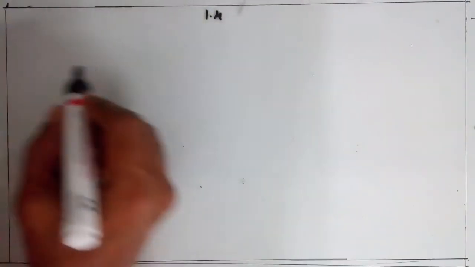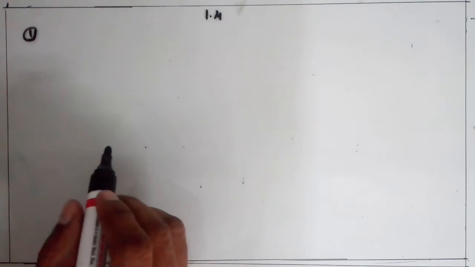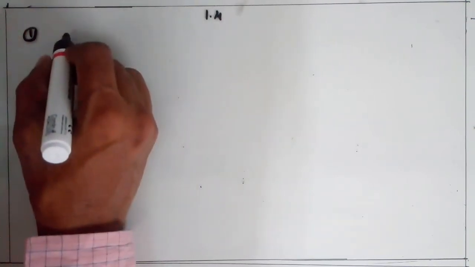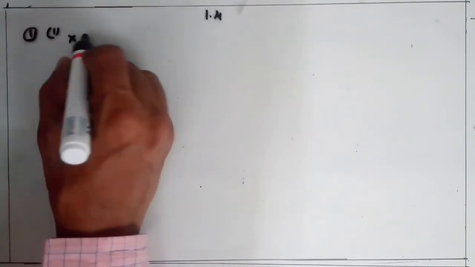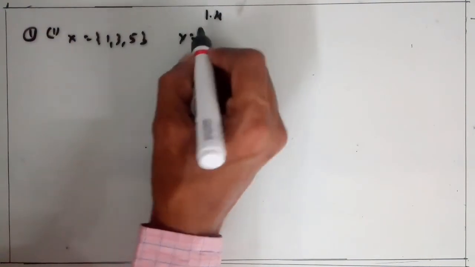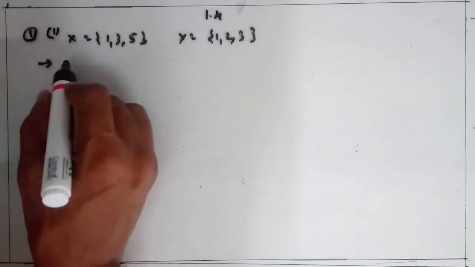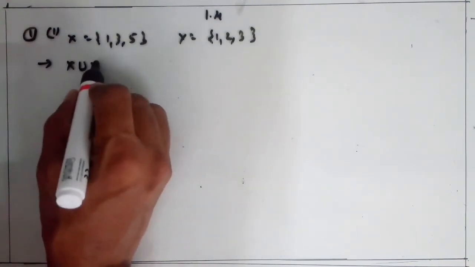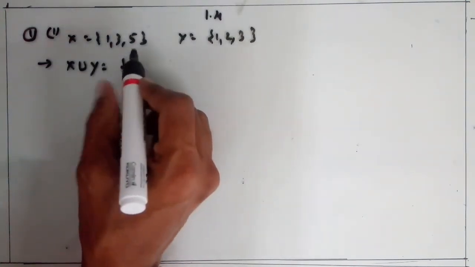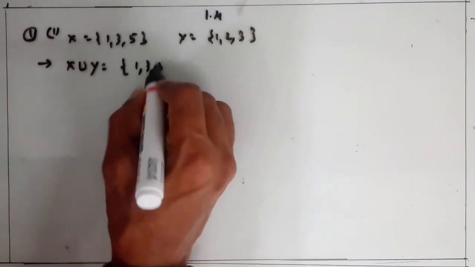Now here we solve some questions of Exercise 1.4. Question number 1: find the union of each of the following pairs of sets. Number first, given X is equal to {1, 3, 5}, set Y is equal to {1, 2, 3}. You know how to get this union of X and Y. So X ∪ Y is equal to the set of all elements which are in X or Y. So first we write each element of the first set: 1, 3, 5.